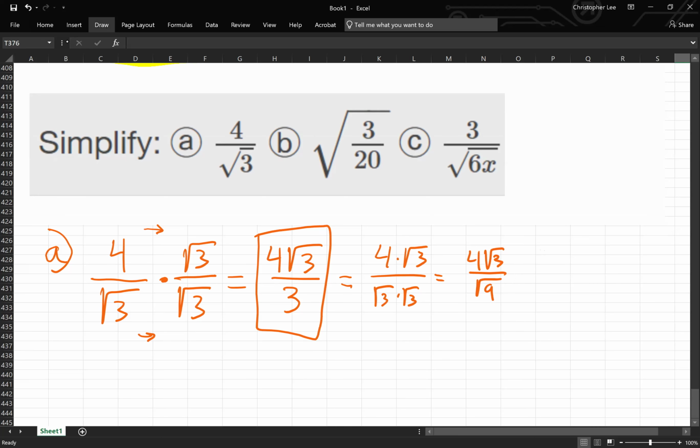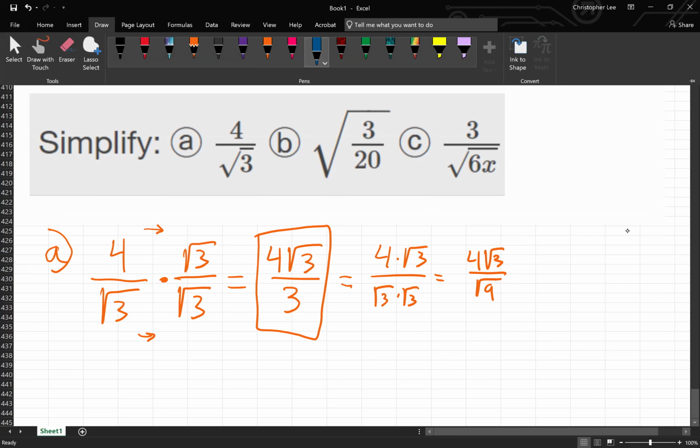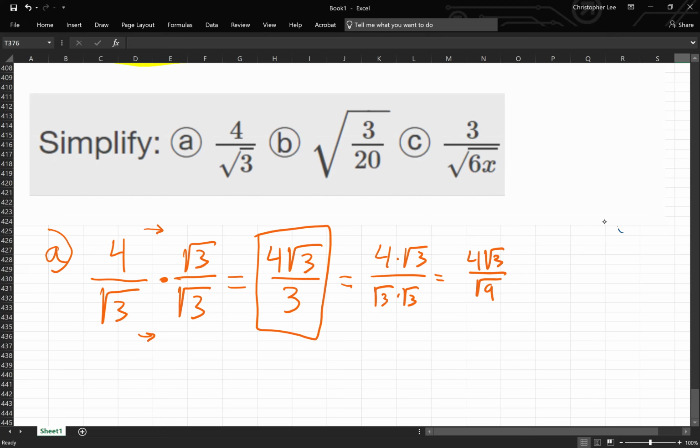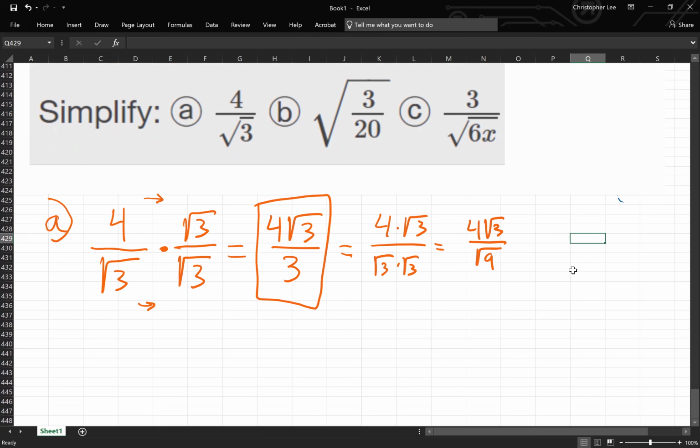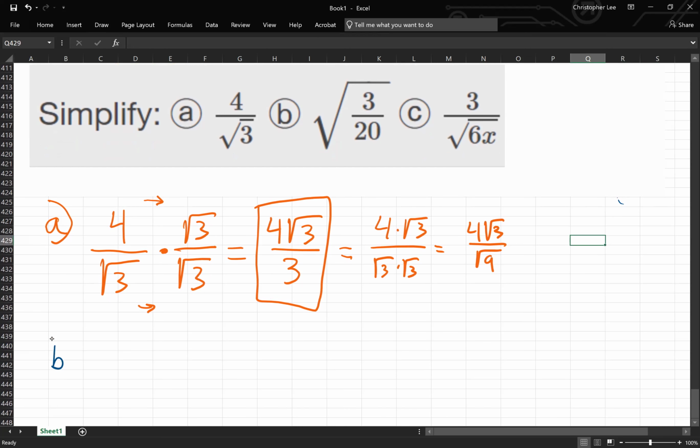All right, check this out. So let's look at B. Now, technically speaking, there's no radical in this denominator, but, right? If we rewrite this, it's square root 3 over 20. If we rewrite this as square root 3 over square root 20, now we got issues, right?